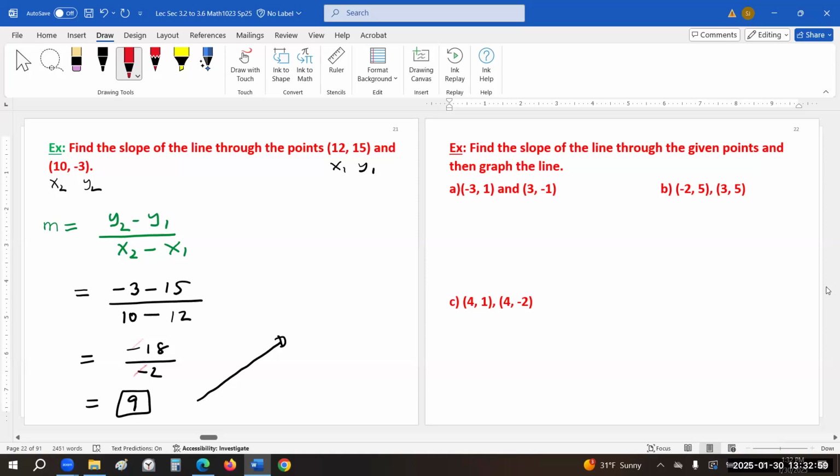Okay, 3 pairs. Find the slope for each one of them.